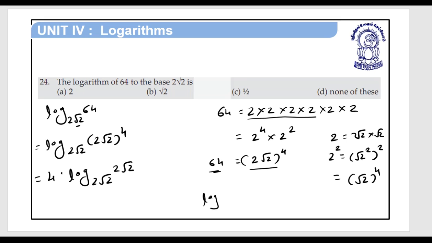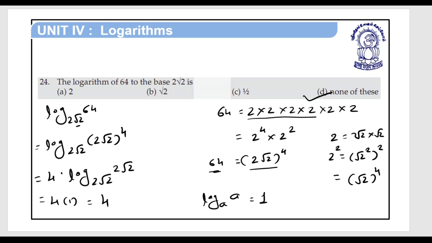So log a to the base a is equal to 1. So we can write 4 into 1 is equal to 4. So the answer is 4.